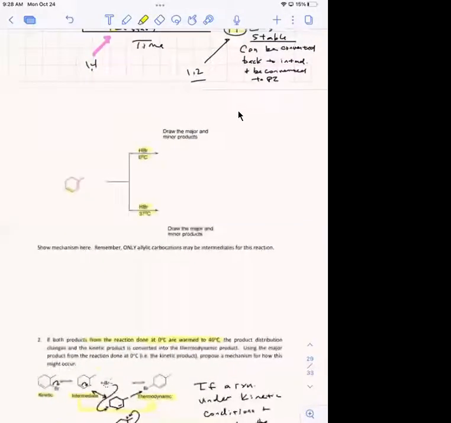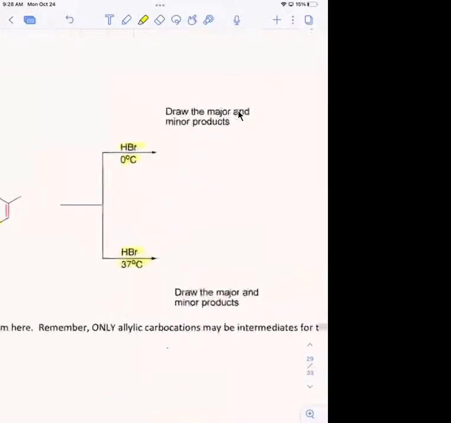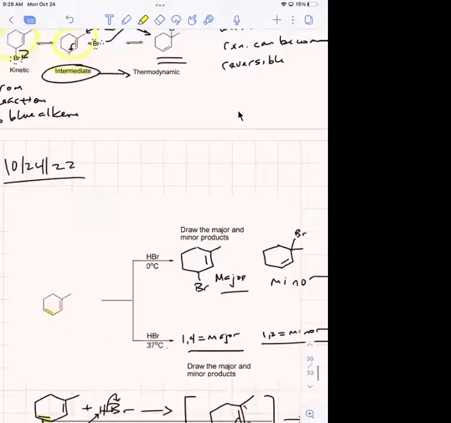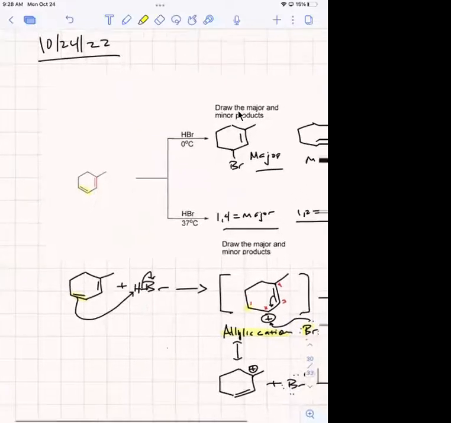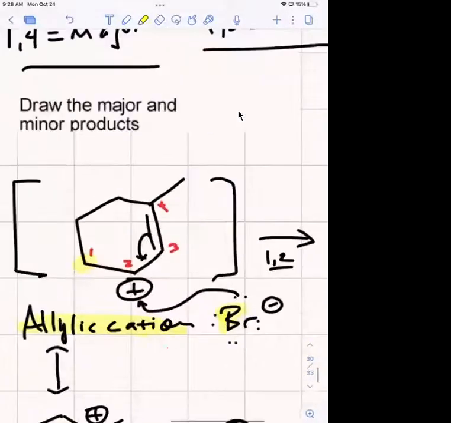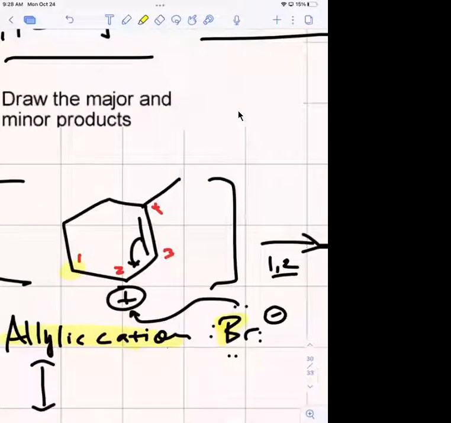So I think the question you're asking goes back to what the intermediate looks like. So let's go back to here, right? For this reaction, this is the intermediate. It's the allylic cation. Both products come from that intermediate, right? So depending on the conditions, if it's low temperature, bromine is just going to attack where the plus charge is, because that's the fastest route to get into the product.